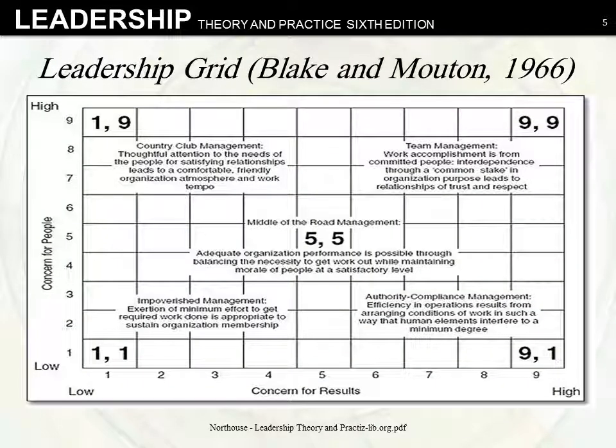Here I'm going to talk about the leadership grid, Blake and Mouton, 1966. The managerial grid, which first emerged in the early 1960s, is the best known model of managerial behavior.